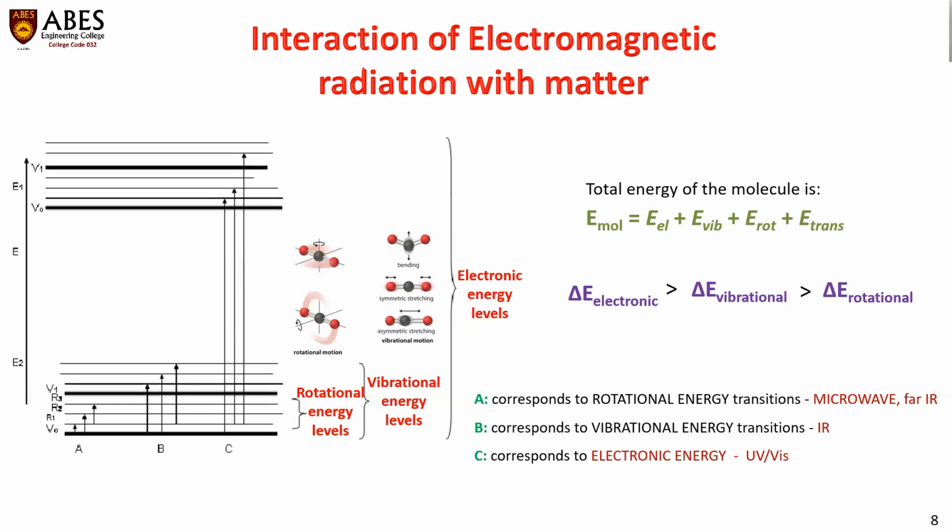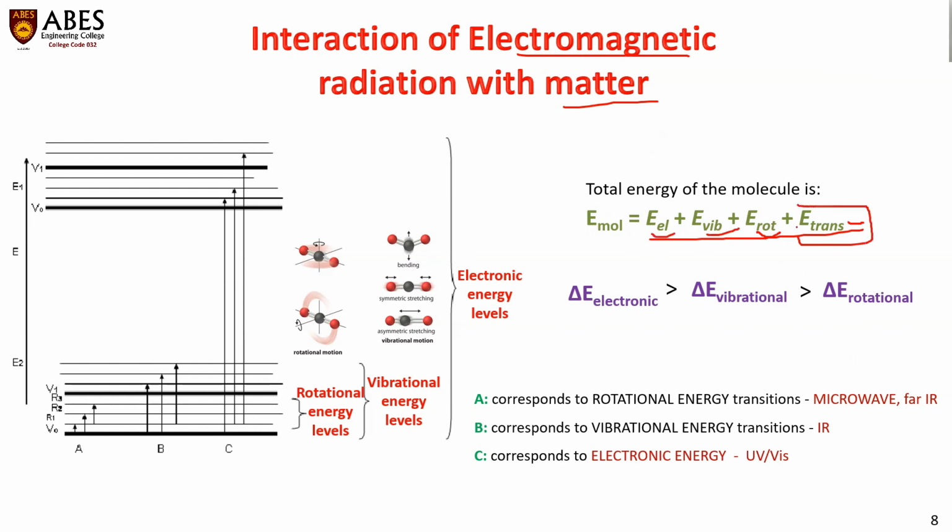Now we will discuss how molecules interact with electromagnetic radiation, how they change their energy, and how we can record this energy in the form of a spectrum. We know that when molecules interact with electromagnetic radiation, they change their energy via translational, rotational, vibrational, and electronic transitions.